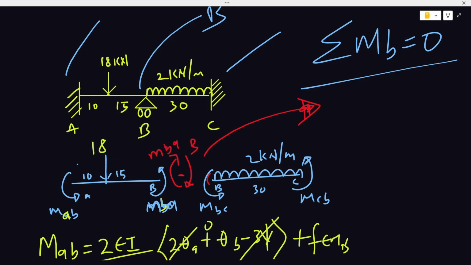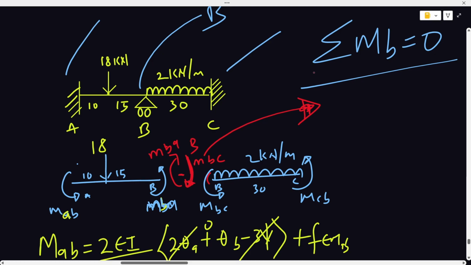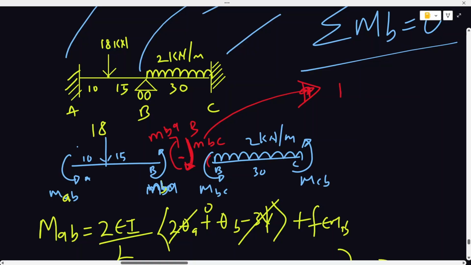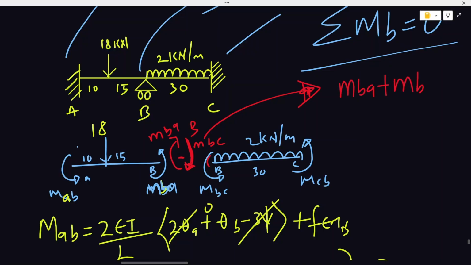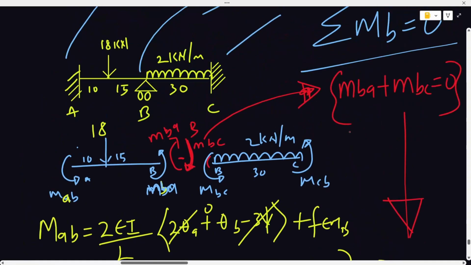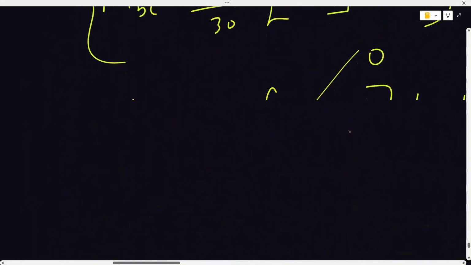Similarly, this one would be MBC. So applying the equilibrium equation, I'll just say MBA plus MBC is equal to 0.